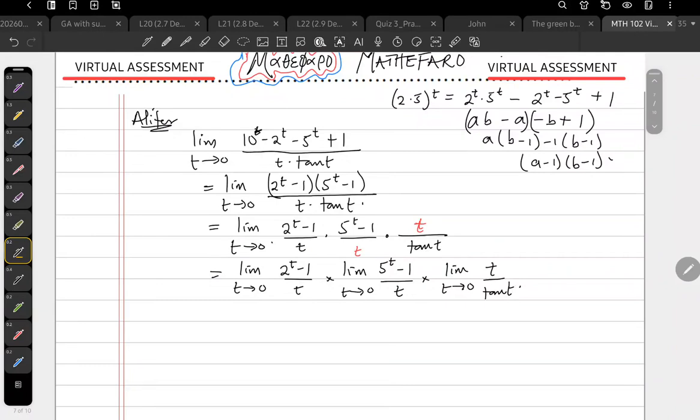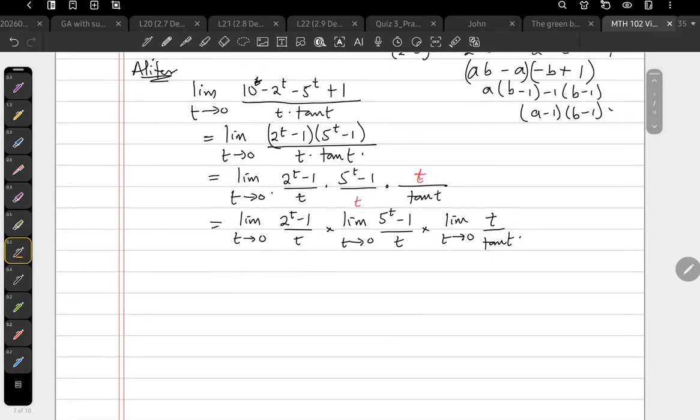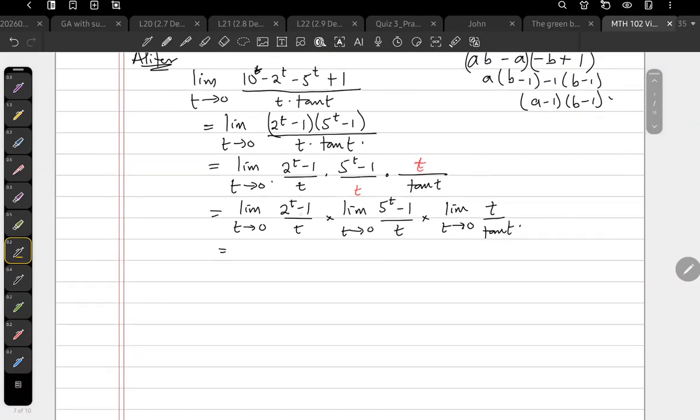Now we can use L'Hopital's rule here, because 2 to the power of t minus 1 at t equal to 0 is 1 minus 1, and that will give us 0 over 0.